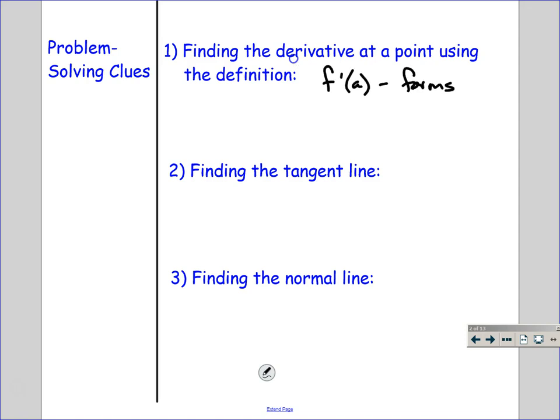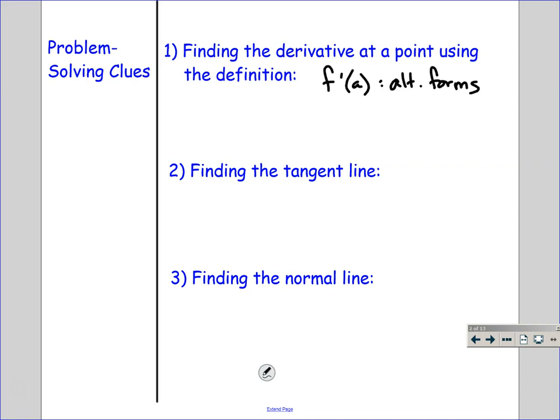Does that make sense? So either f of x minus f of a all over x minus a, or f of a plus h minus f of a all over h. So use the f prime of a forms of the definition, alternate forms. Maybe I should keep it particular according to our forever cards. That's what we technically call them, right? The alternate forms of the definition of derivative.